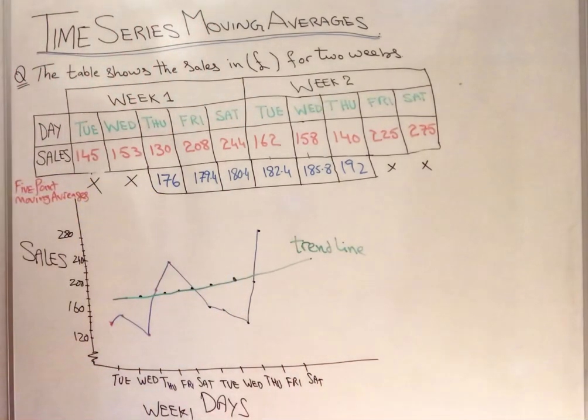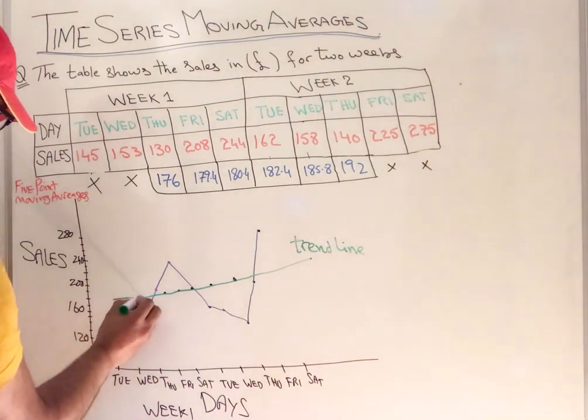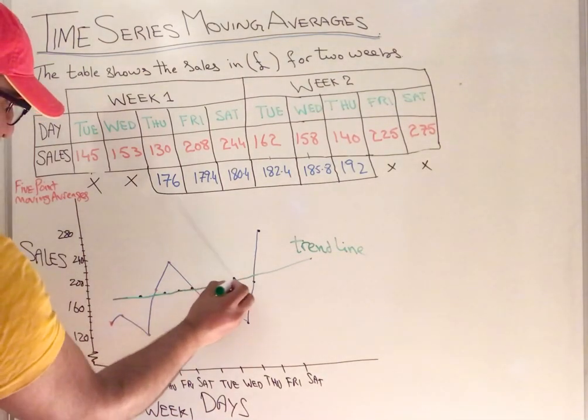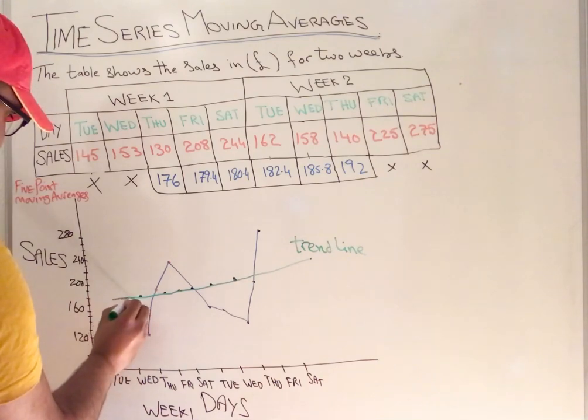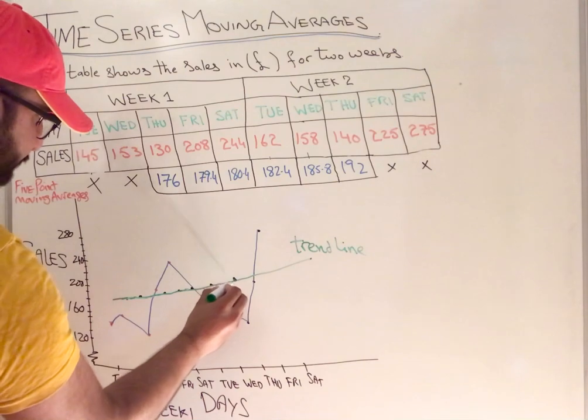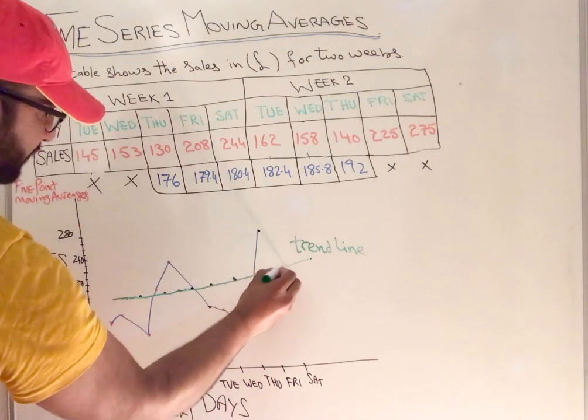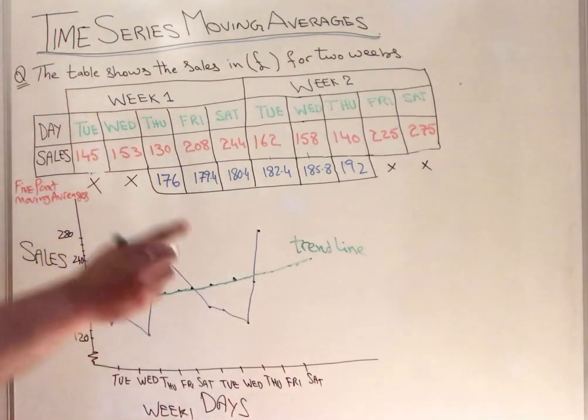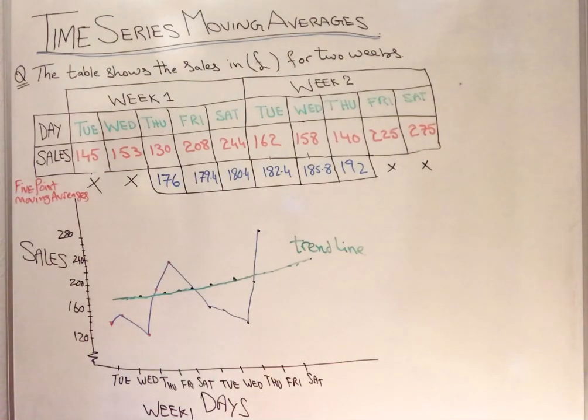For the D part, they said to plot the moving averages points. We have done this point, this point, this point, and then they said to make a line, and that becomes the trend. They said to draw a line of best fit for the moving averages.